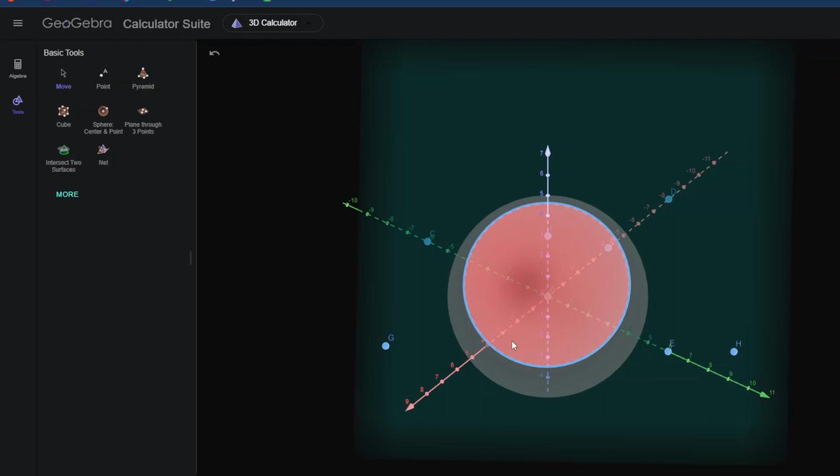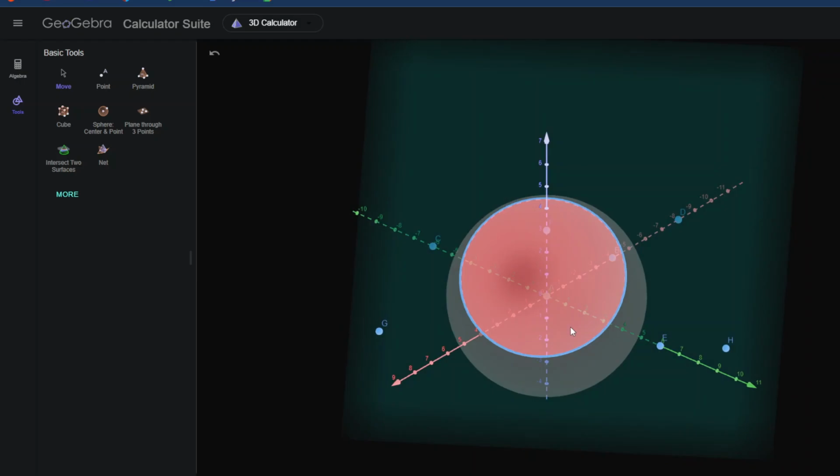So this is why we want to put it in terms of a formula of either y or x, because as you move up, the radius of the cross section is different, right? It's largest right in the middle, but it's getting smaller as you go up or as you go down. But the radius of the sphere itself is staying constant.